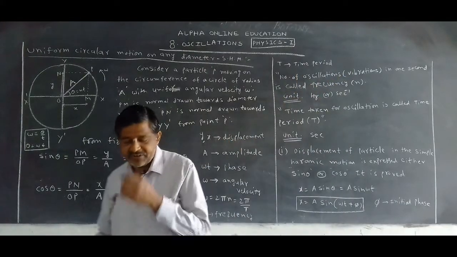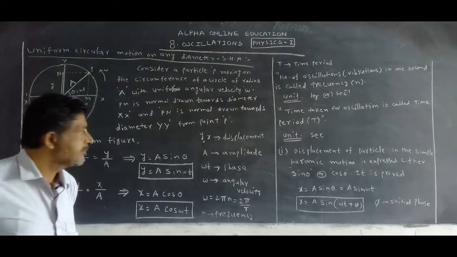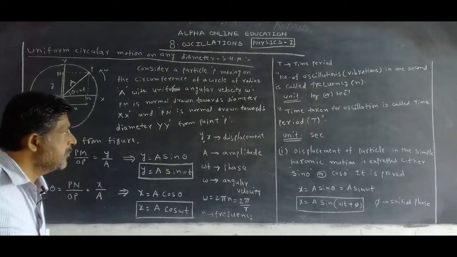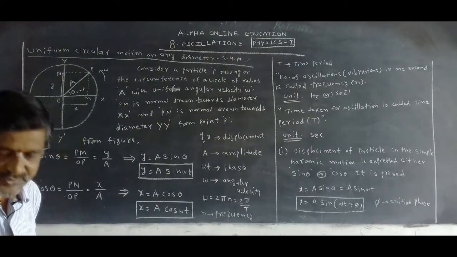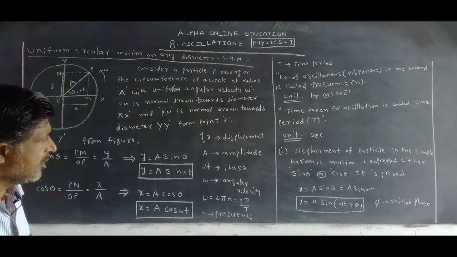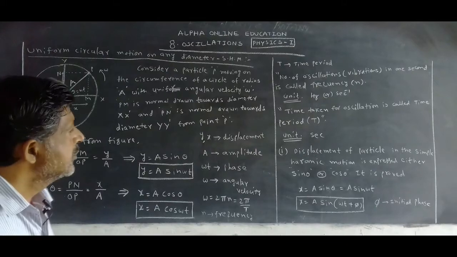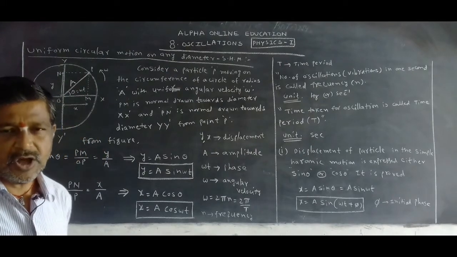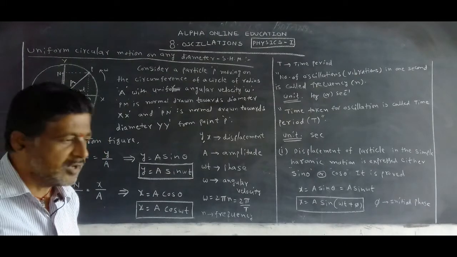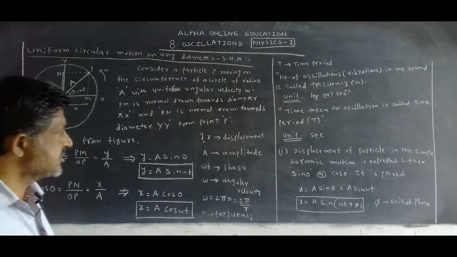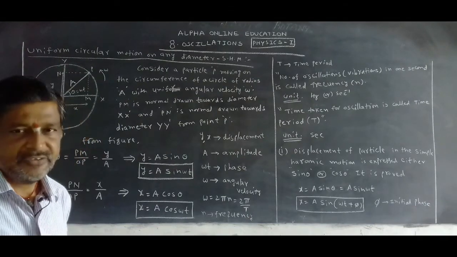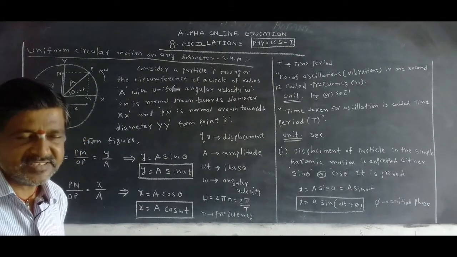Now, what is the frequency? Number of oscillations or number of vibrations in 1 second is called frequency. The symbol for frequency is n.